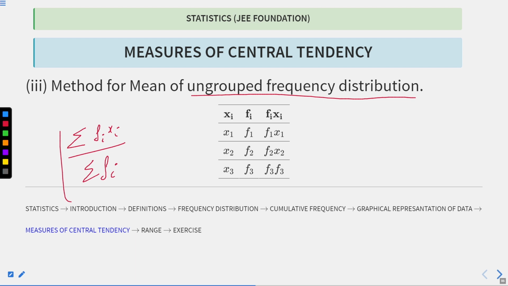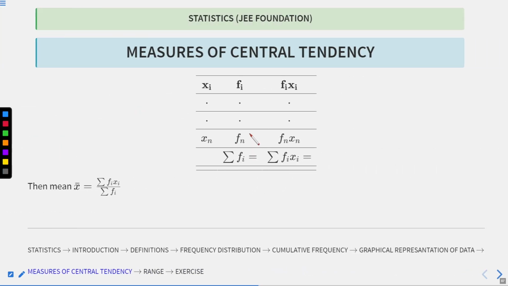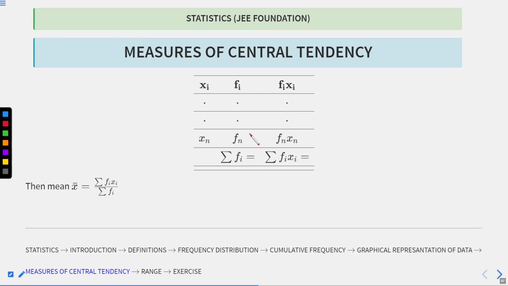You will see what I mean by this. For example, my table is given like this: xi values and fi values, and the product we can easily find out. Let's understand by our example. Just remember the formula here to find the mean in this case.